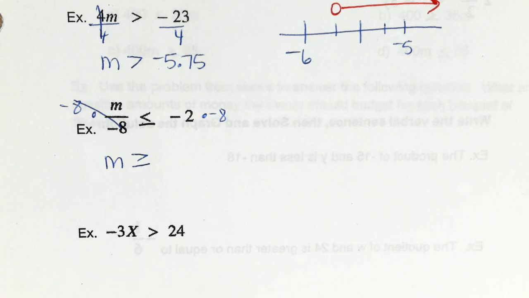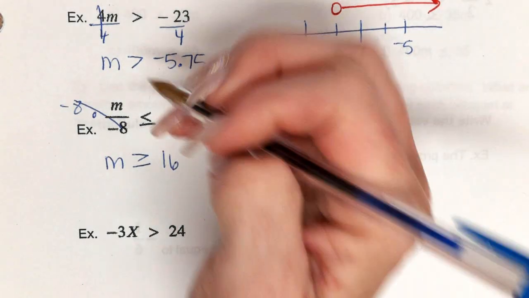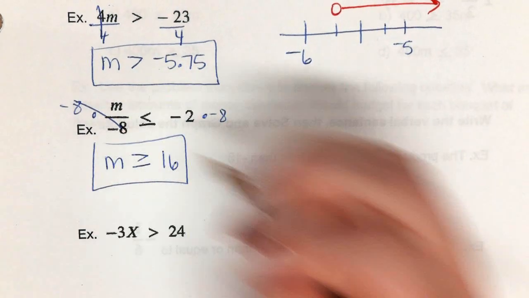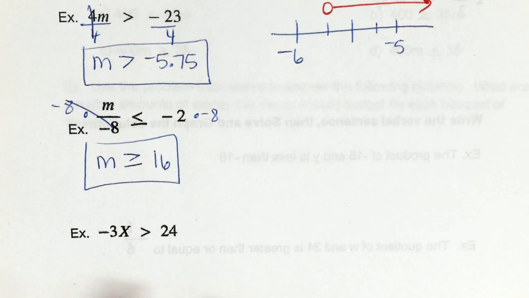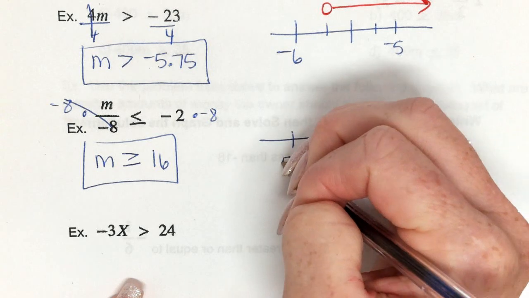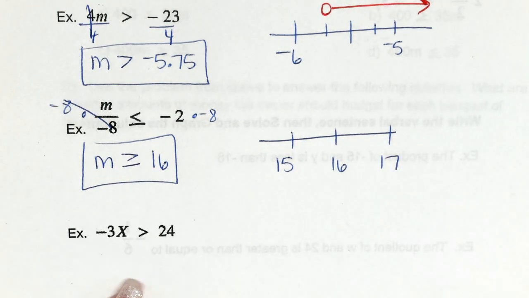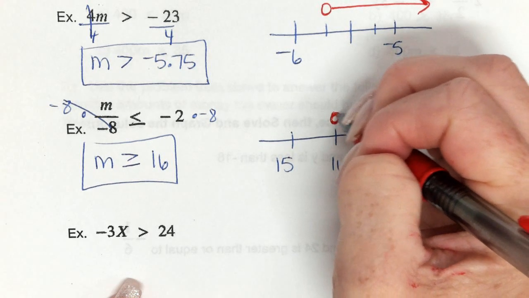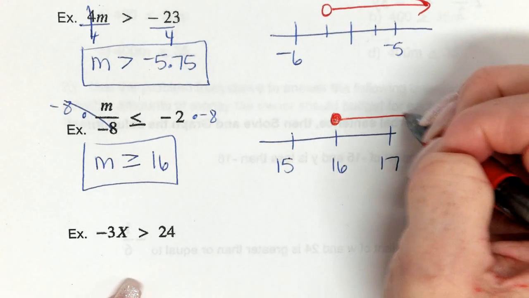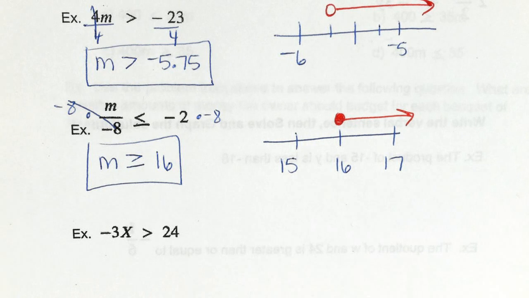And negative 2 times negative 8 is positive 16. And then I'm going to put this on a number line. It is a solid dot because it's or equal to, shaded to the right. Okay, try the next one on your own.